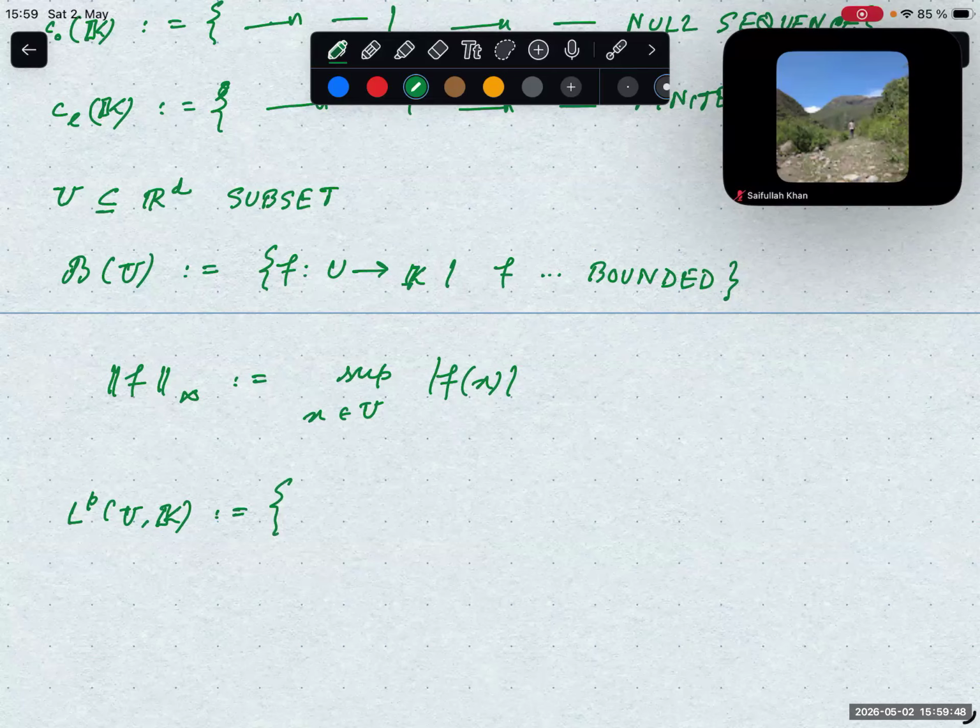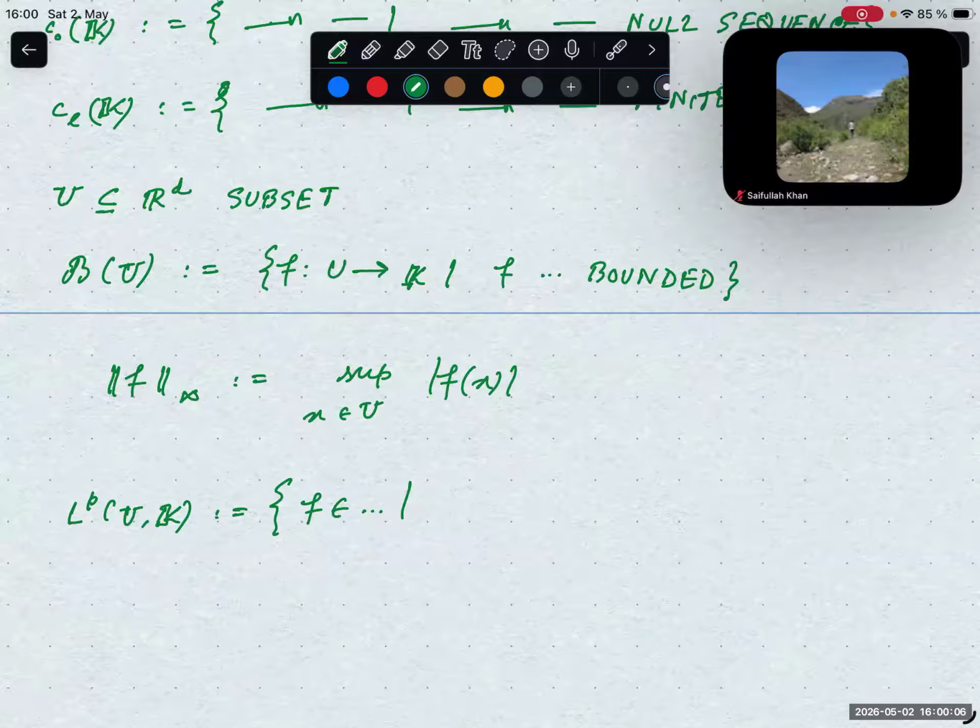So this is functions which are integrable, blah, blah, so that the norm is finite. I'm not writing it because the right thing is that this has to be a measurable function.